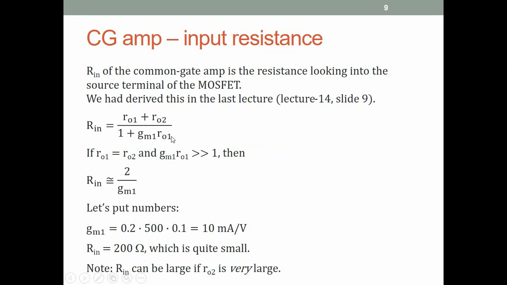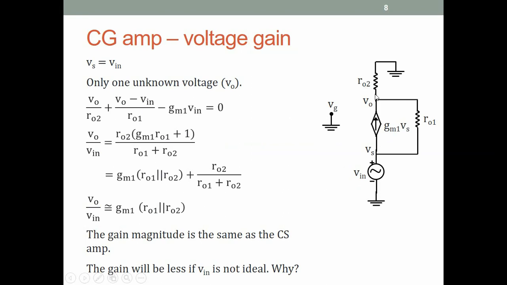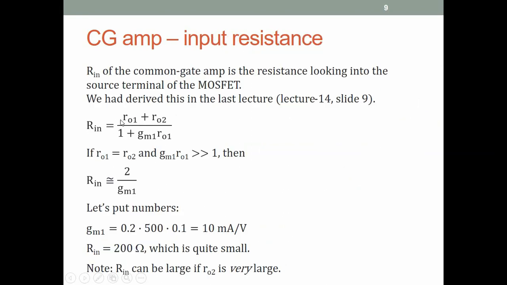Now in our circuit, this is ro2, ro1 and gm1, and if we assume that gm1 ro1 is much greater than 1, and for our purposes that ro1 is equal to ro2, then you get 2ro by gm ro, and so that ro will cancel, and you get an input resistance of 2 by gm1.